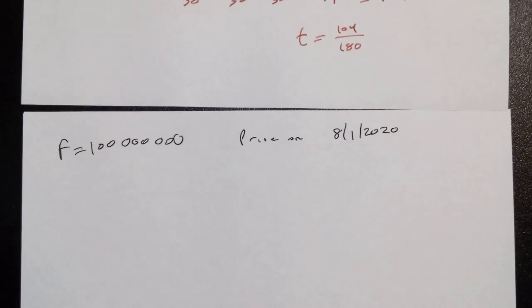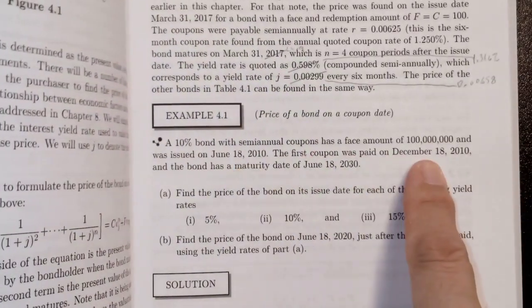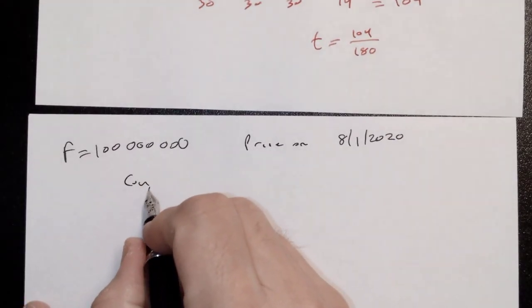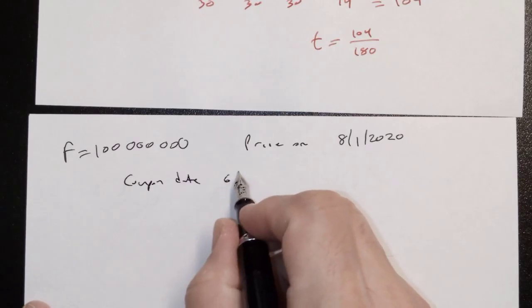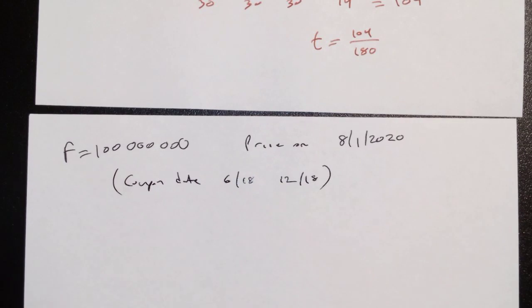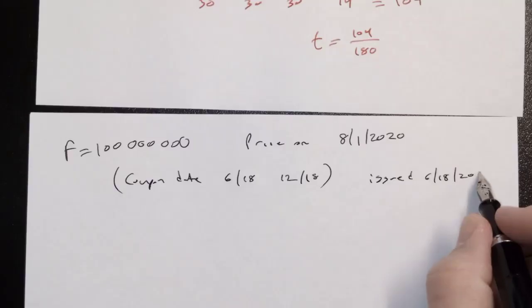Now, if I go back and look at this example for our 100 million bond, the coupon dates were June 18 and December 18. So let me write that down. And it was issued in 2010.